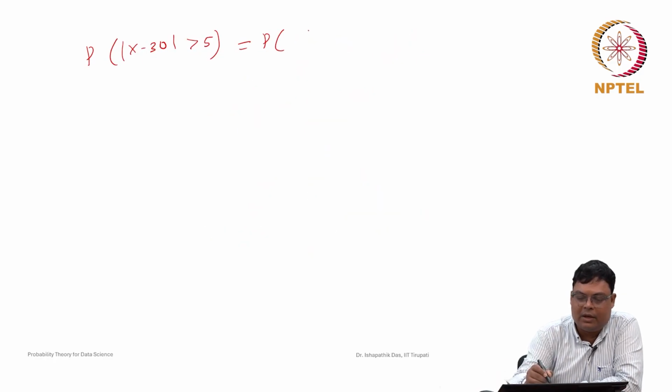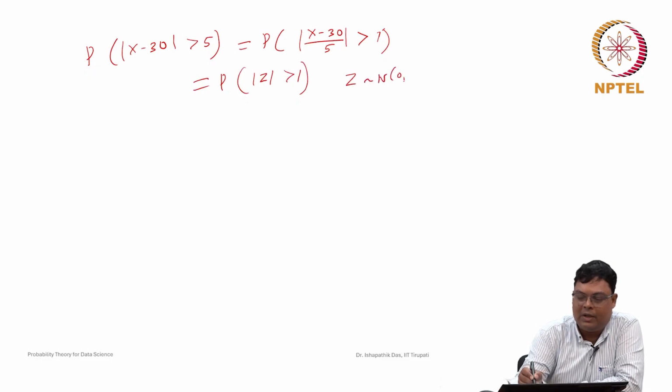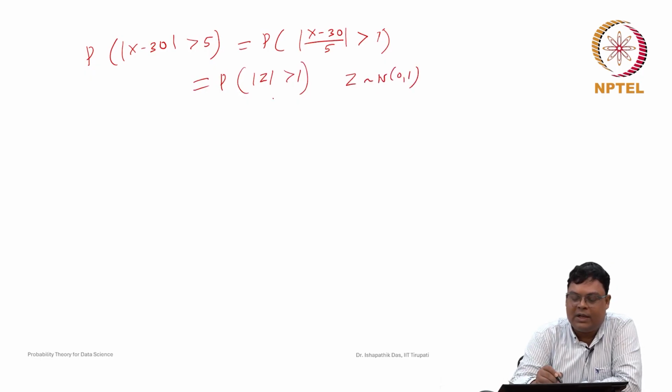So, if you take x minus 30 divided by 5, the mod of this is greater than 1. Now, mod of x minus 30 by 5 is nothing but mod z greater than 1, where z is a normal 0,1 variable. Now, mod z greater than 1 is the same as 1 minus probability that mod z is less than or equal to 1.